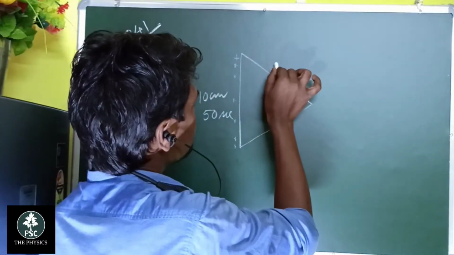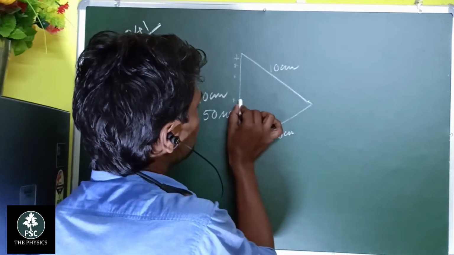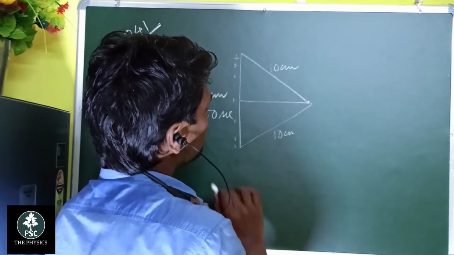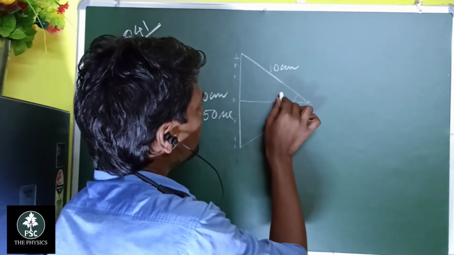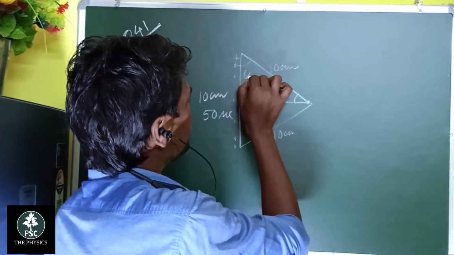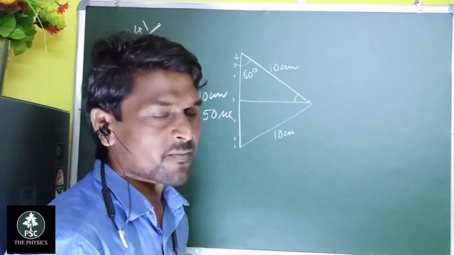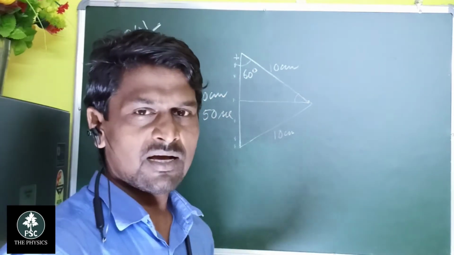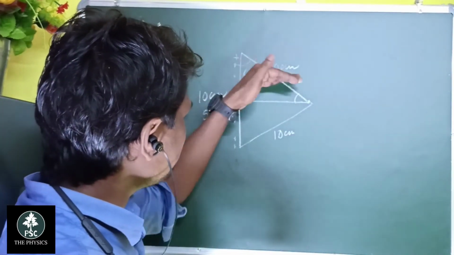So this is 10 centimeter, this is 10 centimeter, and if this angle is given, it is 60 degree, because this is 10 centimeter, 10 centimeter and 10 centimeter. So students, you can think that it is an equilateral triangle since three sides are equal.